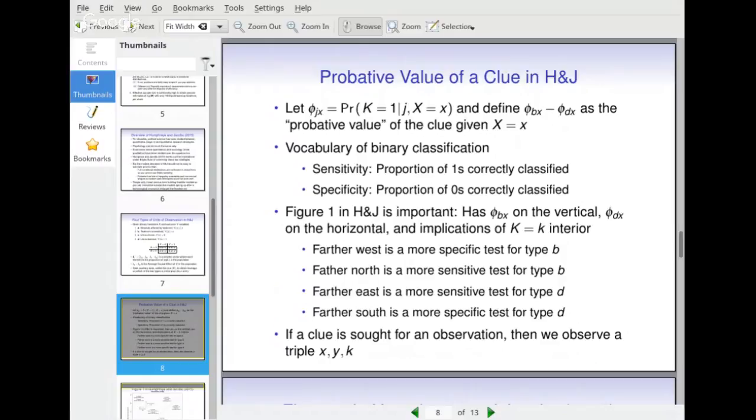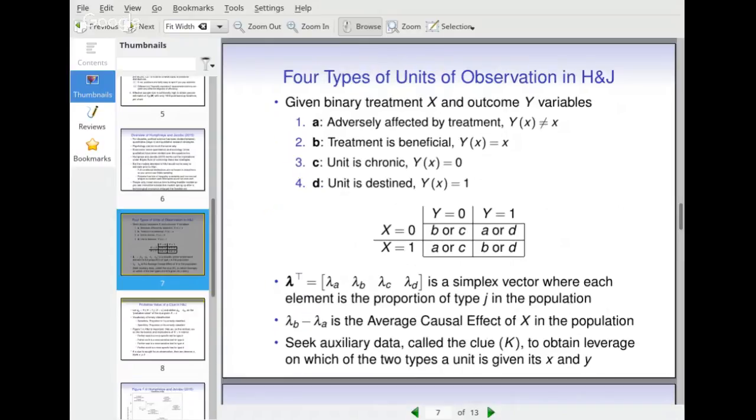So that's what phi is. Yes? Before we go forward, can we go back to the last one? Always can go back. So here, for a country, if it's in the first cell, X0, Y0, we don't know if it's B or C. Correct. So we haven't observed when we gave it X equal to 1. Correct. So that is the unobserved data. If we could observe a country simultaneously at X equals 0 and X equals 1, we wouldn't have this problem.